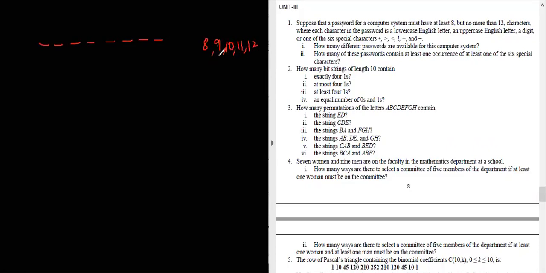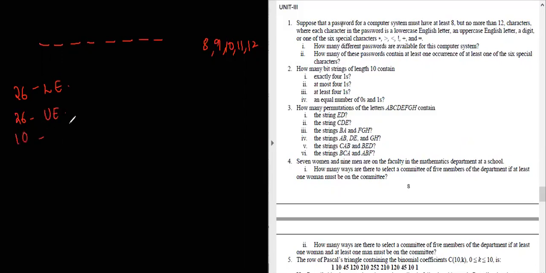Apart from that, what are the different ways we can fill each blank? So we can fill each blank by a lowercase English letter. How many lowercase English letters we have? 26. And what about the uppercase English letters? Again, we have 26 uppercase English letters. And then digits. How many digits do we have?